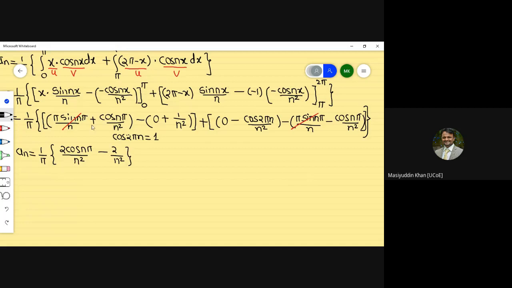Now what we have to perform here: we can take 2 outside as a common factor, since it is a constant term. So a_n is equal to 2 by pi, the cos of n pi minus 1 upon n square.